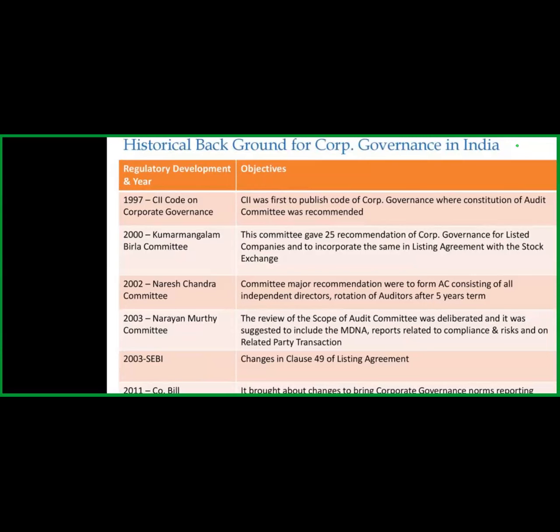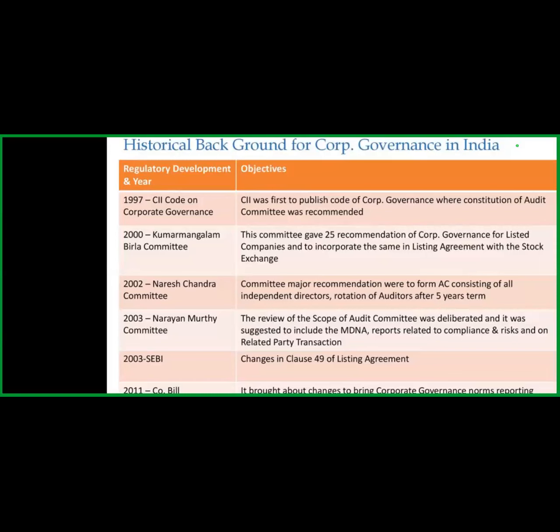Again, why are these committees appointed? Suppose in 2000, the Kumar Mangalam Birla committee has given 25 recommendations, 25 changes to be made in the existing company law or rules, other acts and laws related to companies.